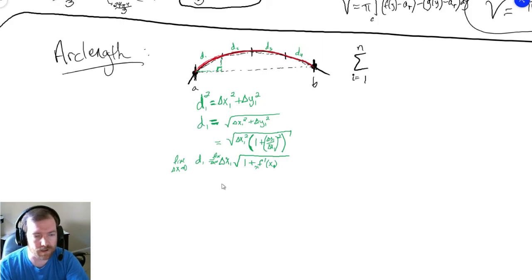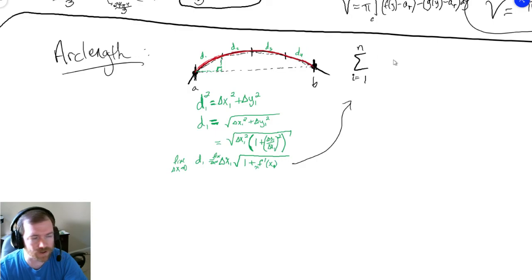And then what we're going to get is the total arc length is going to be actually equal to the square root of 1 plus, oh, forgot the square. It's kind of important. Alright, 1 plus f prime at x sub i, parentheses around that thing squared, times delta x.